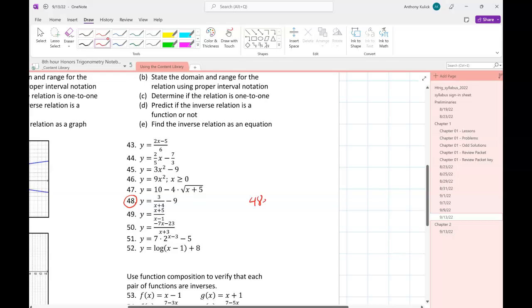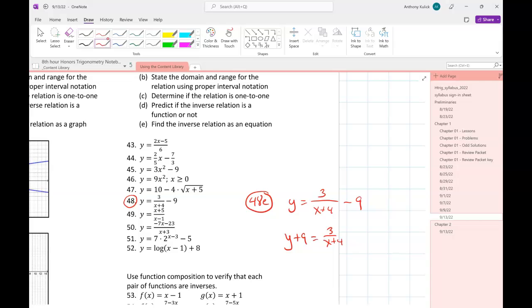Yeah. Great. So we're just going to find the inverse for this. So it's already written in a y equals notation, so all I'm going to do is go straight to getting the x by itself. So I'm going to start by adding 9 to both sides. And then I'm going to multiply both sides by x plus 4 to get rid of the fraction.